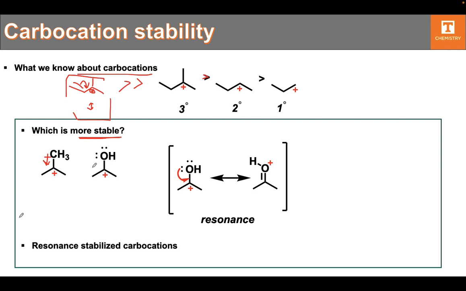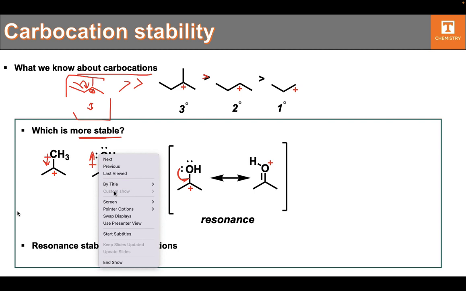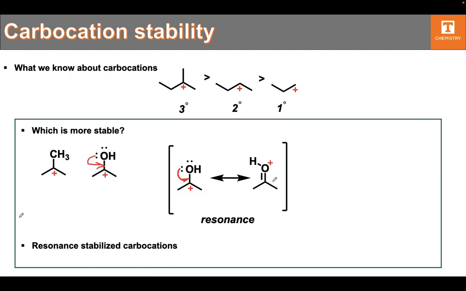But while oxygen can pull electron density away, destabilizing it, the stabilizing factor is actually going to be its resonance structure. So this alcohol is going to donate a pair of electrons, and as shown here, you're going to have a resonance structure where the carbon now has a neutral charge, stabilizing it. So this is actually the more stable tertiary carbocation.